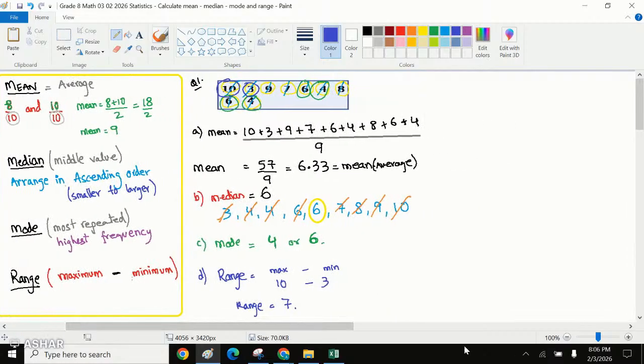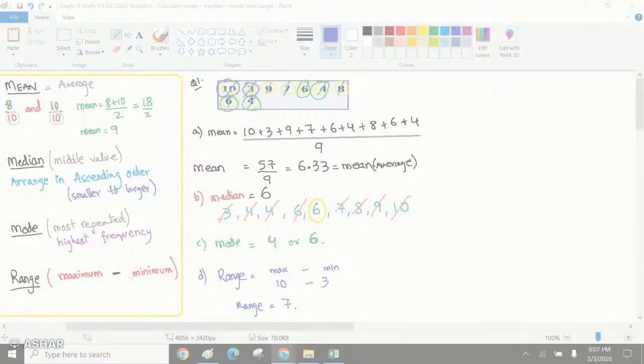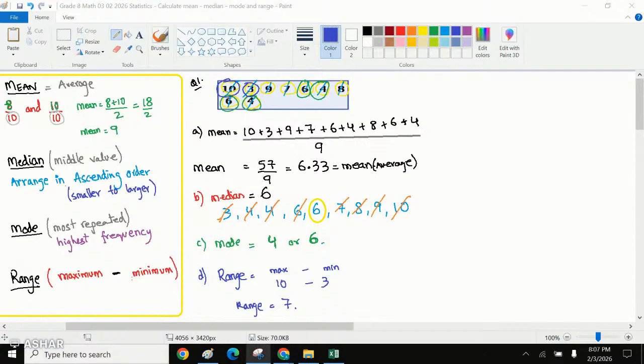Okay, if we agree on this, let's have a look at another question. 1, 4, 5, 6, 7, 8, 9. Okay. So there are 9 values. I'll just make them 10, just to prove what I said for the even numbers.